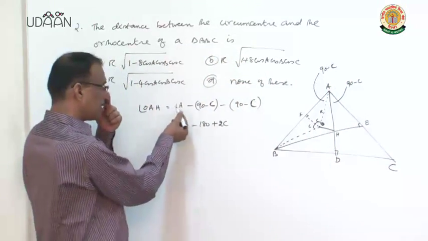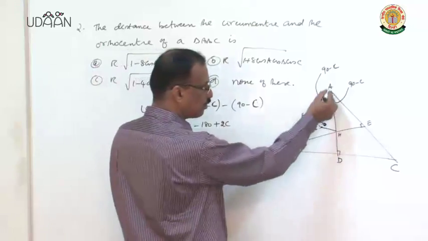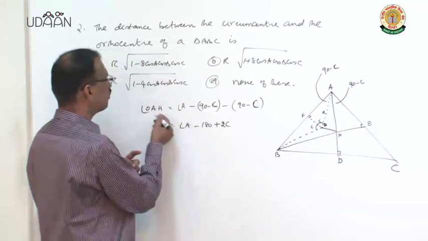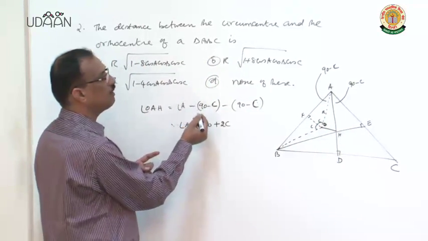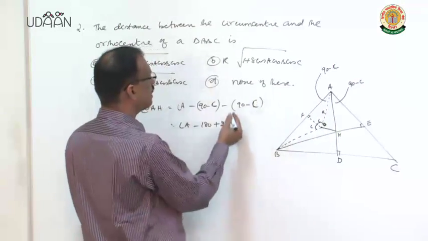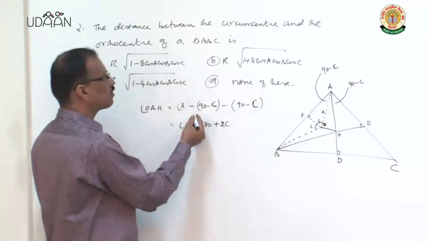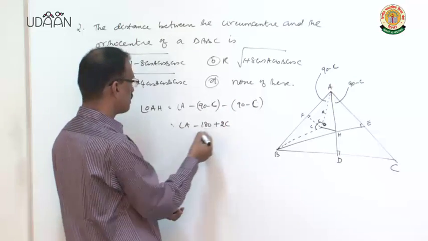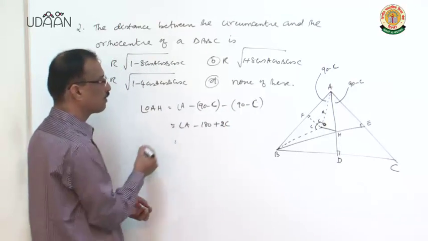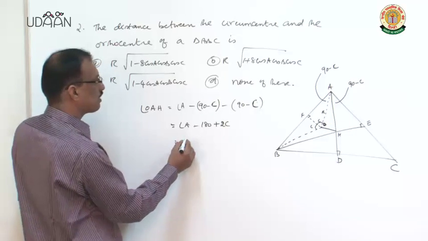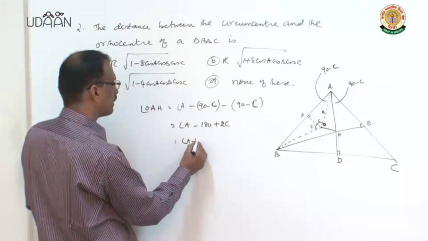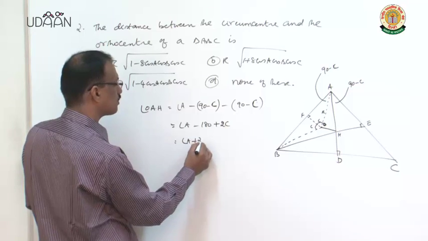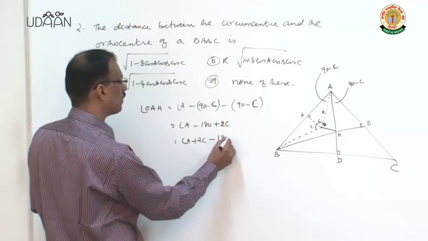So now from A, if you subtract it, we get OAH. So angle OAH is equal to angle A minus (90 minus C) minus (90 minus C), which is angle A minus 180 plus 2C. So from this we get angle A plus 2C minus 180.